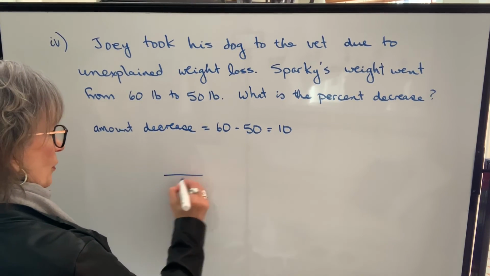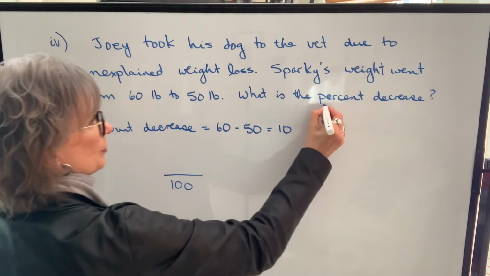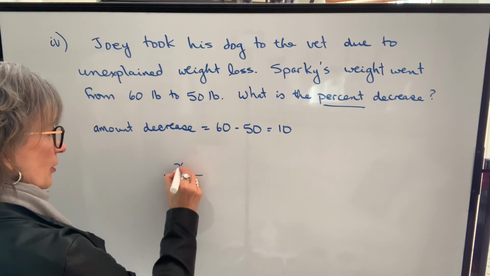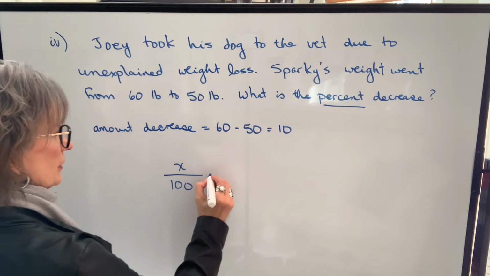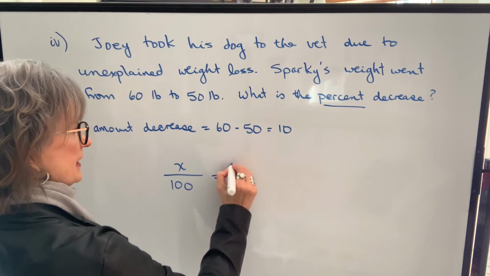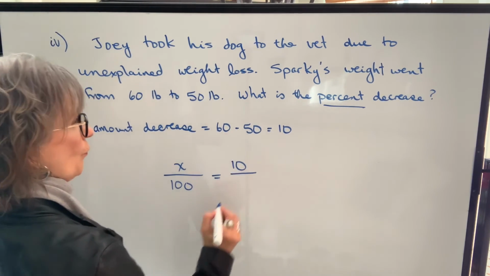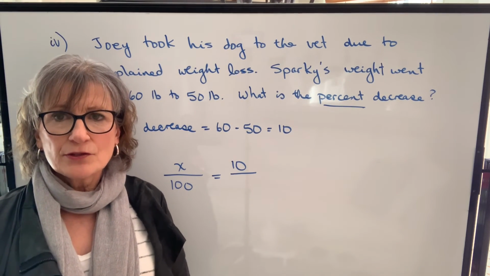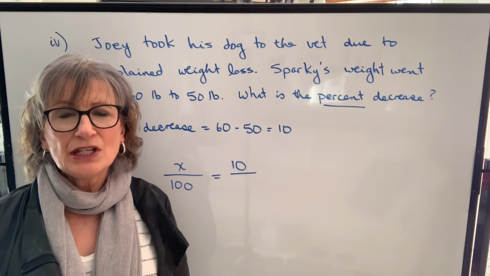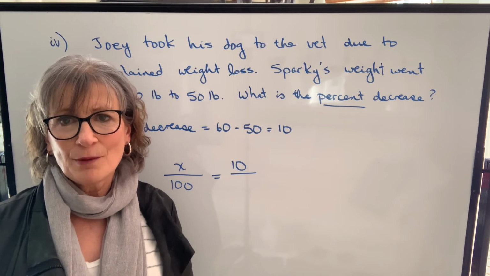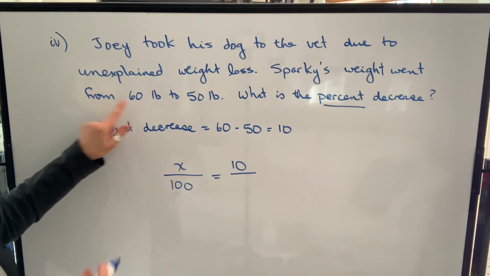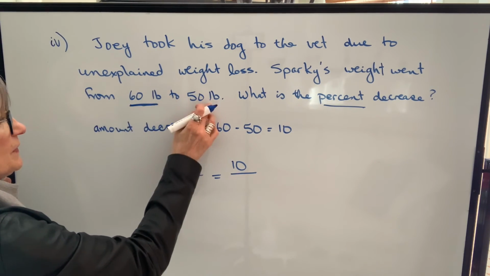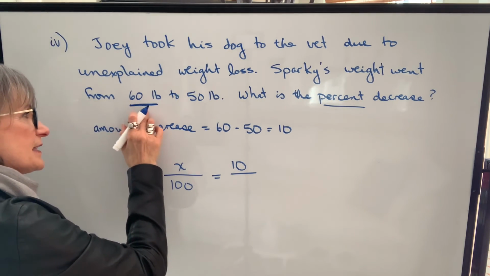Now we set up our proportion. We're finding the percent decrease, so that's going to be our unknown, and percent always goes over 100. The amount of decrease is 10 pounds over, again, when you're finding the percent of decrease or increase, your base has to be the number that it increased or decreased from. So it went from 60 pounds to 50 pounds, so we use the 60.